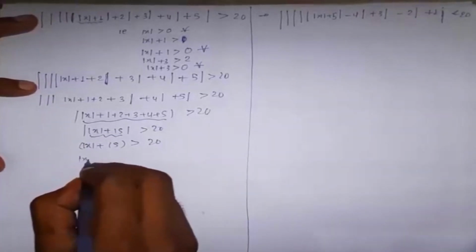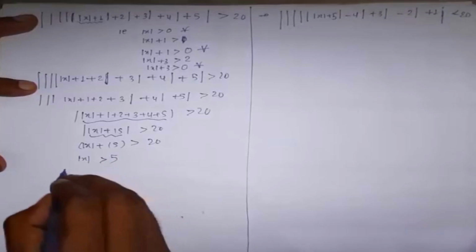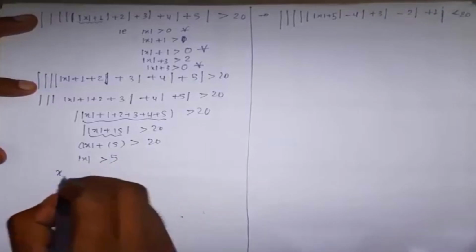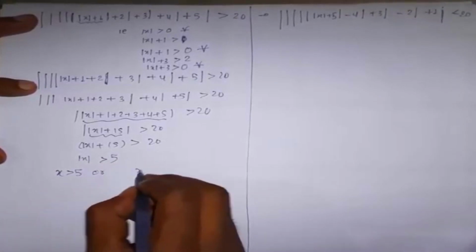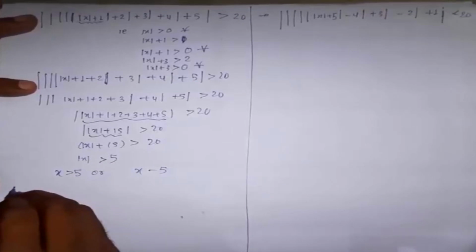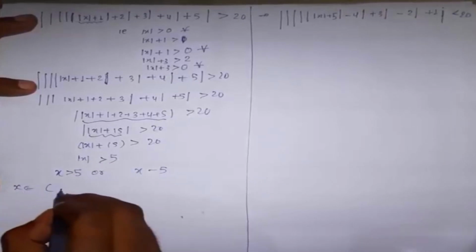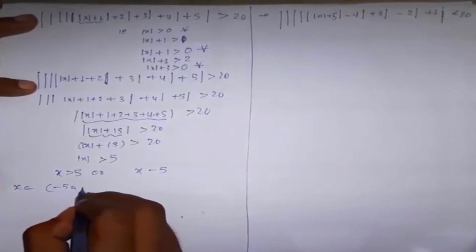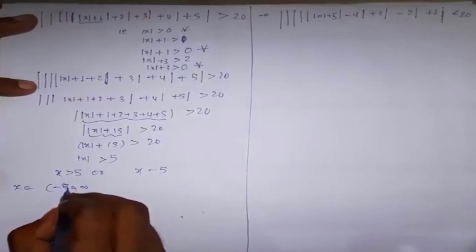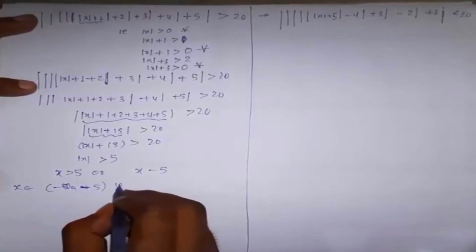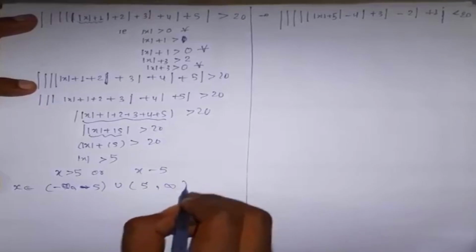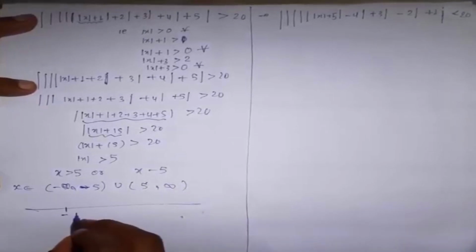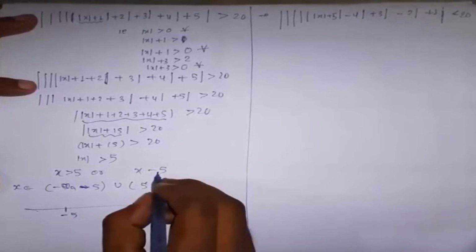So mod of x is greater than 5. So we can expand this: x greater than 5 or x less than minus 5. So the values of x will belong to minus infinity to minus 5 union 5 to infinity.